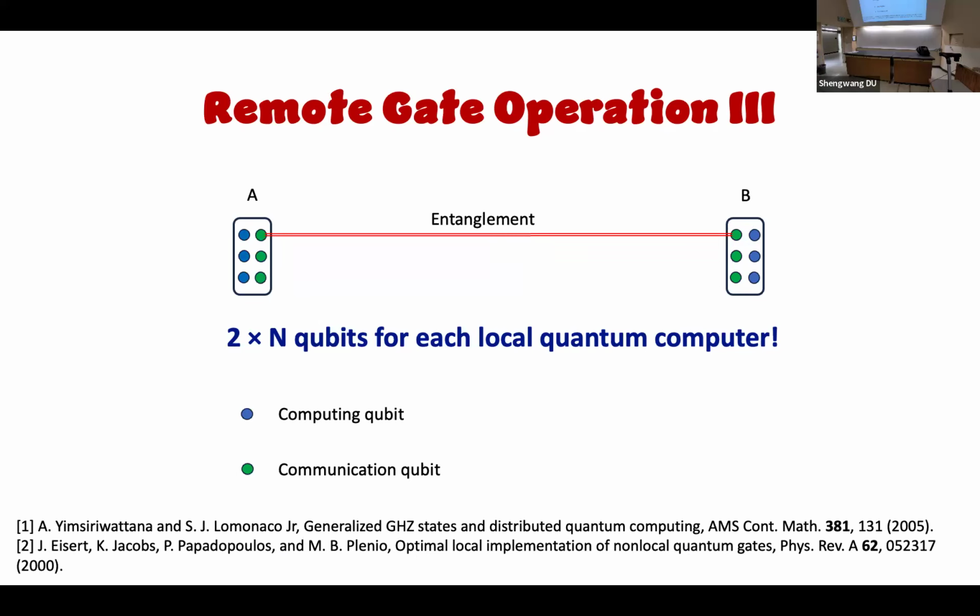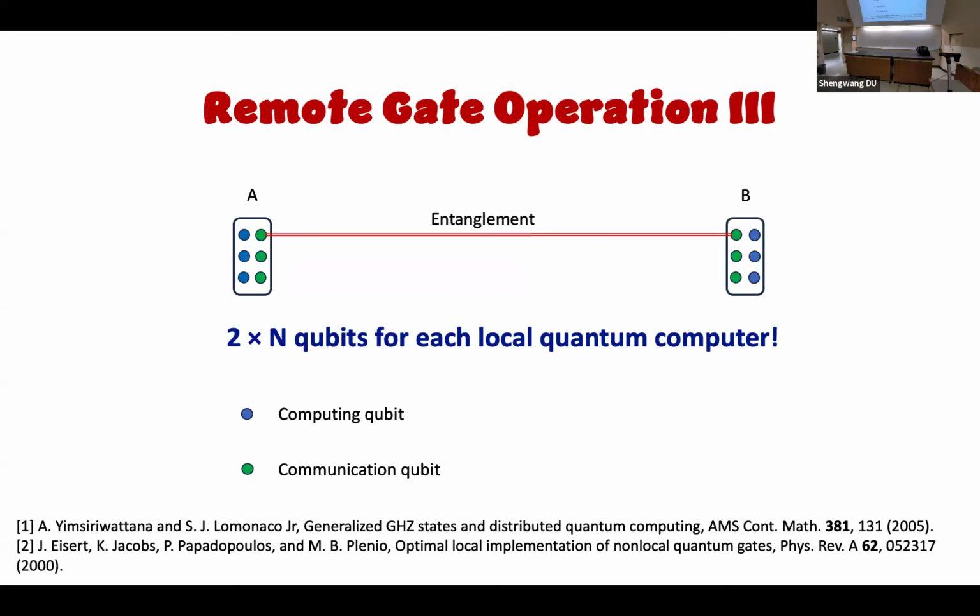So you find some way to entangle this communication qubit to build the entanglement. If we have some way to build entanglement between these two green ones, then you can do some local operation here. Based on some measurement, you can build an effective operation between here. So this process I will call entanglement-communication-based distributed quantum computing.